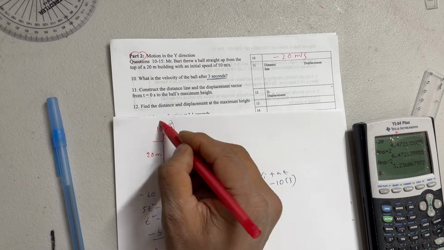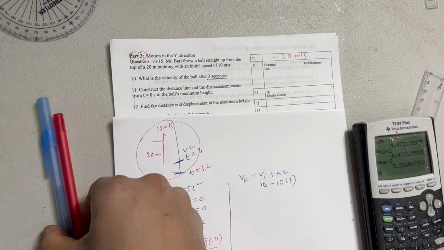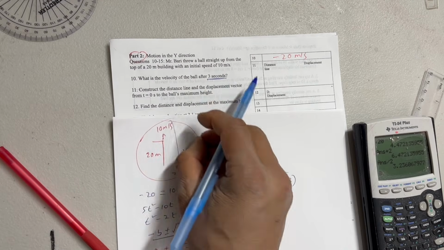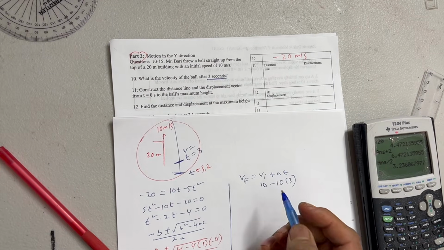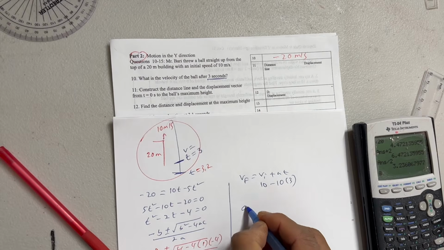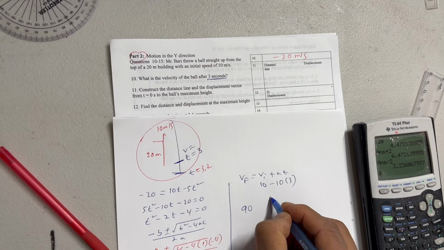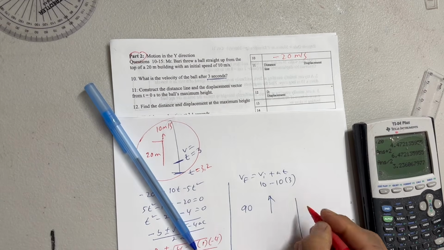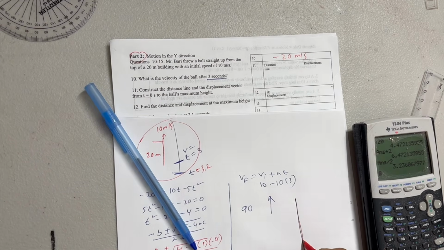Okay, although I draw it like a parabola to show the different characteristics of the graph, when I say it is 90 degrees or throwing upward, then there is no parabola. It goes up, stops, and returns.